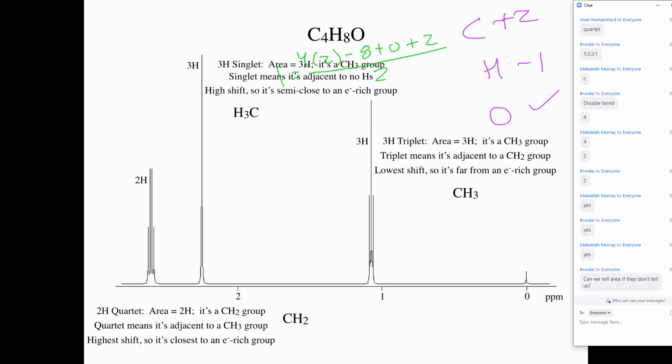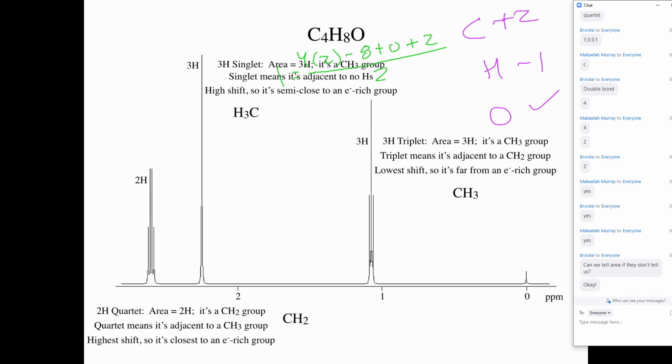The only thing I would know is 3 signals. They couldn't be equal, because you can have unequal amounts. And so I could take an educated guess it's a 2 3 3, because you can't have 4, otherwise it'd be a methyl group. But beyond that, you'd have to be given.